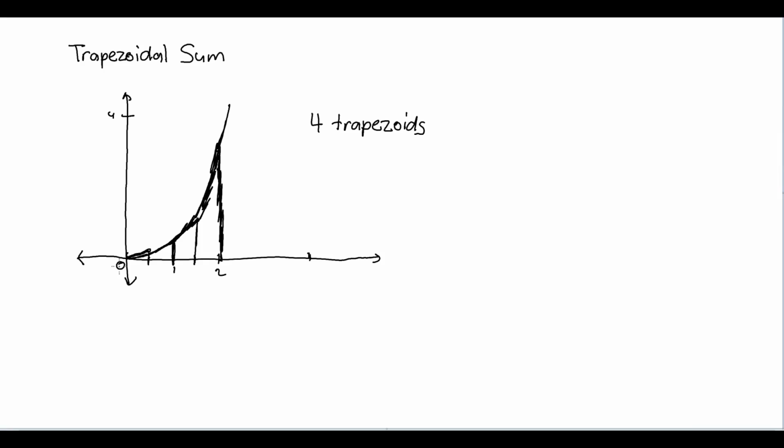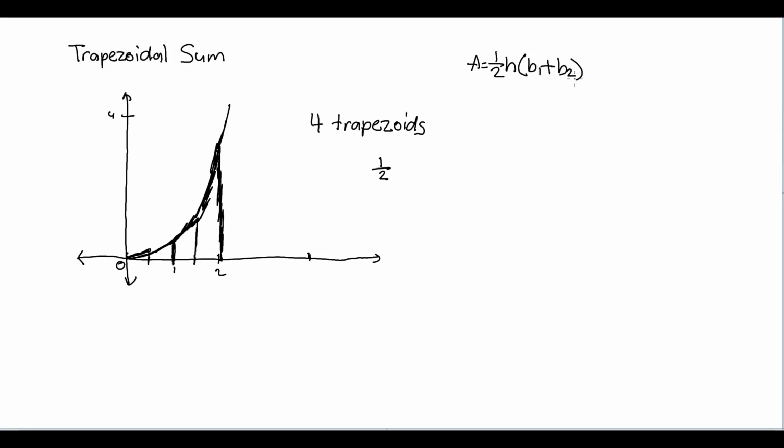So how do we do this? So we would basically find the area of all the trapezoids. So that is 1/2 times the... area of a trapezoid is 1/2 times the height times base 1 plus base 2.